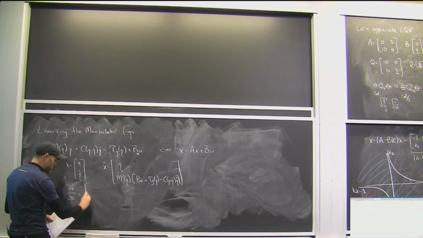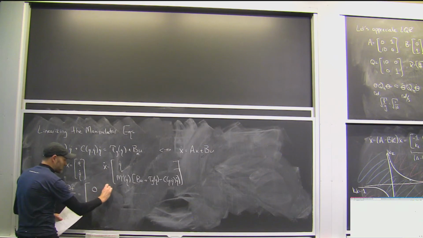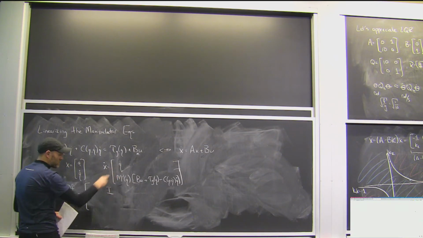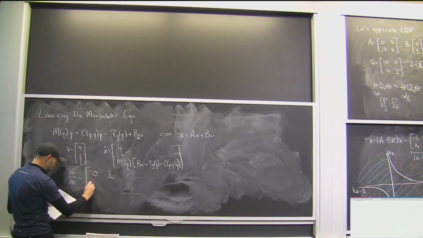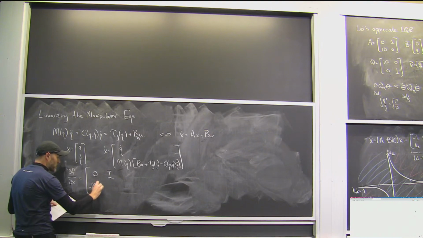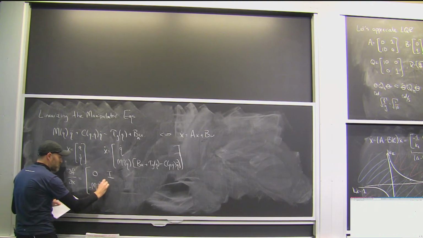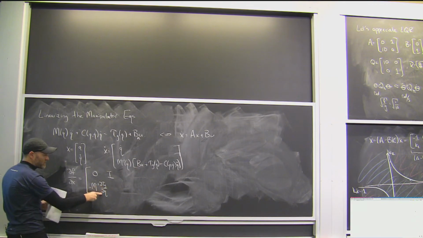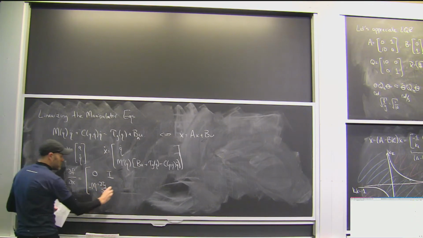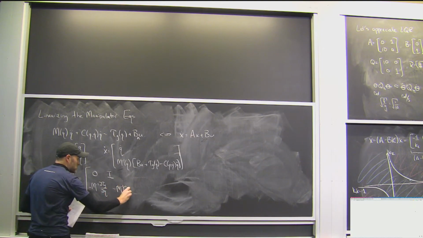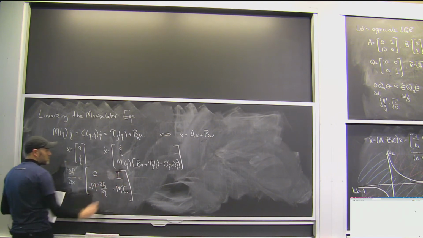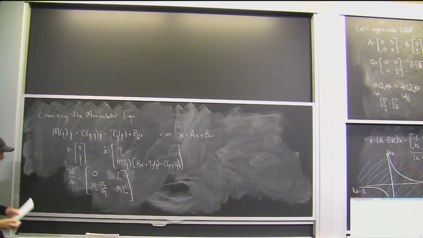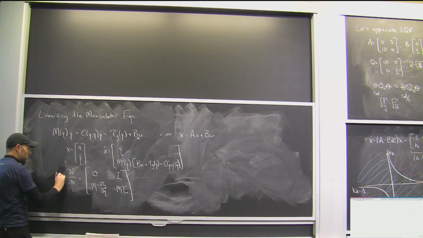Partial f, partial x has all this beautiful structure. This one's just the identity matrix up here. And the chain rule goes through so that I get M inverse times the gradient of my potential energy with respect to q. B is similarly simple.